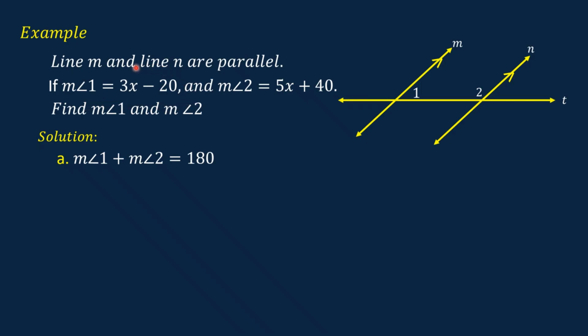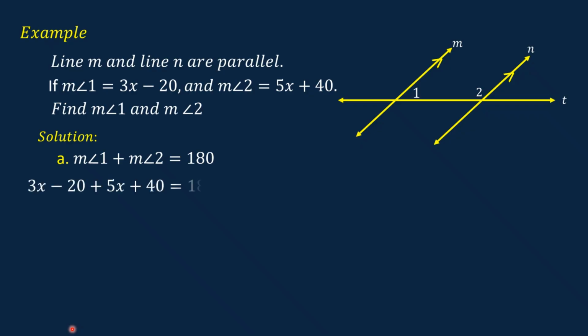So we can substitute 3x minus 20 for the measure of angle 1. And it is also given that the measure of angle 2 is equal to 5x plus 40. So we can substitute 5x plus 40 for the measure of angle 2.